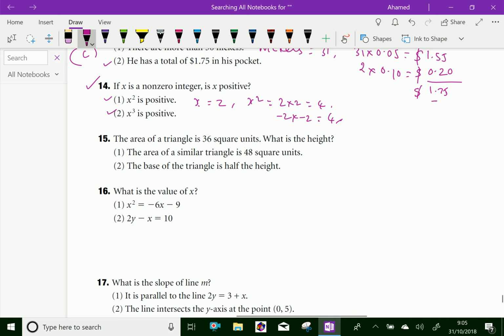Now option B, suppose x is 2, x cube is 2 into 2 into 2, that is 8, positive.